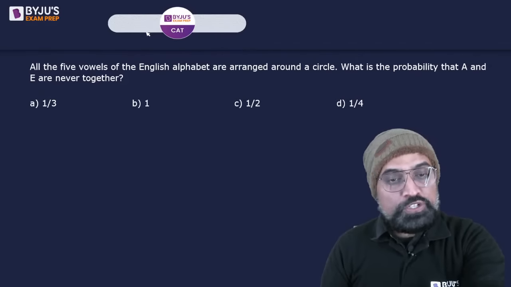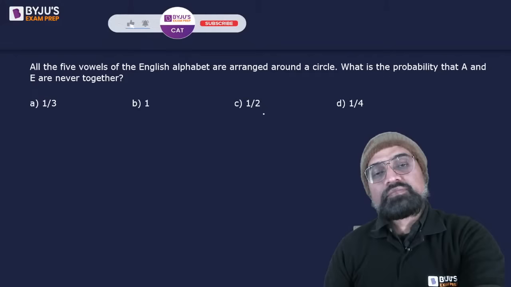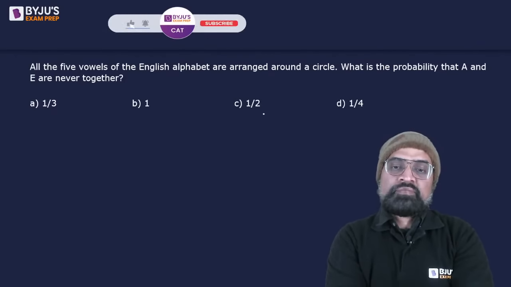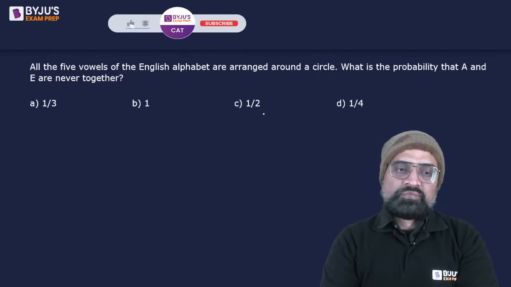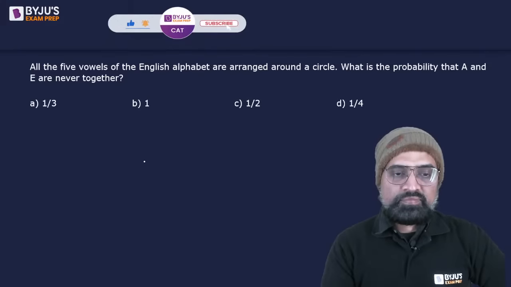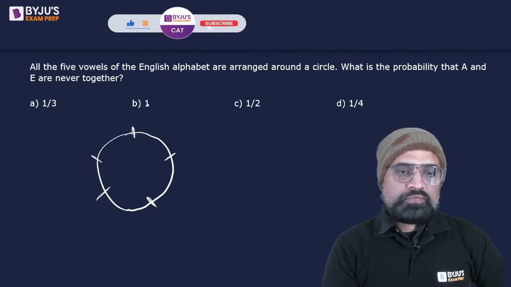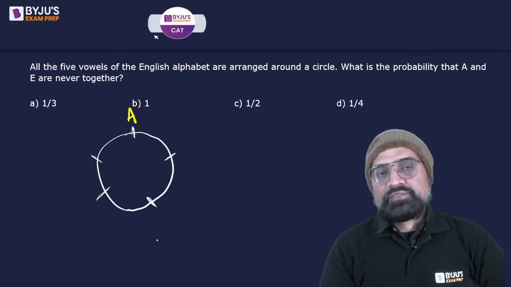Pranav, how do we solve which one? So let's say A is here.